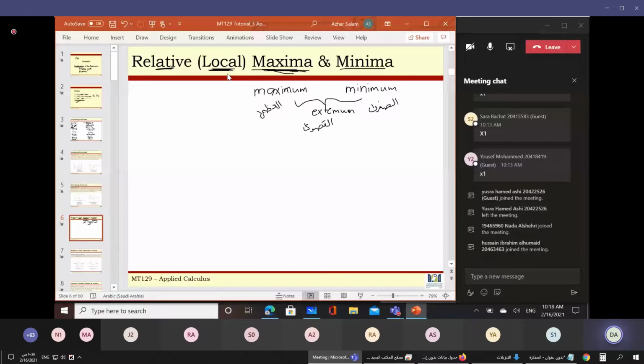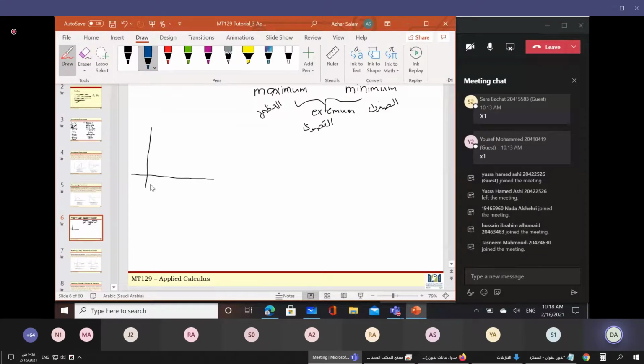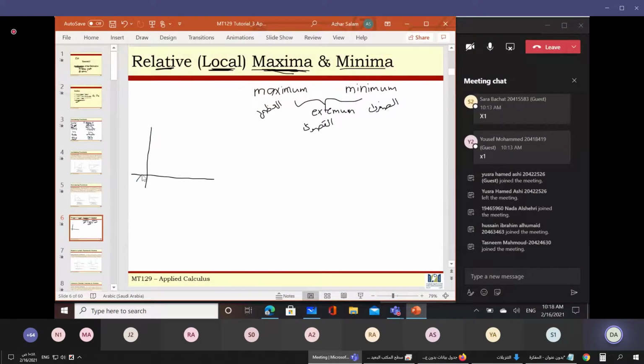Okay. We will take another kind of maximum and minimum, which is the absolute. The absolute maximum and minimum, which is the most maximum and the most minimum. First, what's the meaning of maximum? If I have a graph of a function, for example, a function is going up in some interval like that.